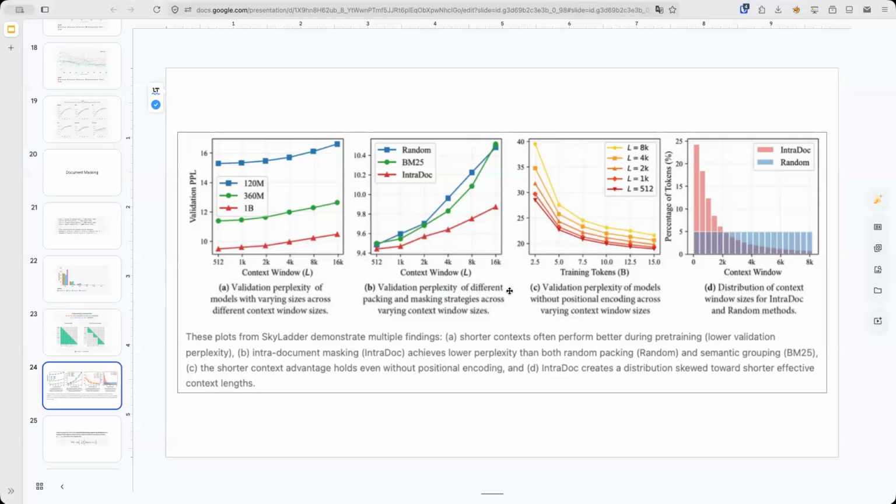I guess it's partially supported by this chart, where we measure validation perplexity of the models without positional encodings. Then we can see that this validation perplexity... No, I'm not sure. No, actually, let's take a close look at what we are reading here. With the number of tokens that we trained on, we can see that validation perplexity goes down for all sequence lengths, which makes sense.